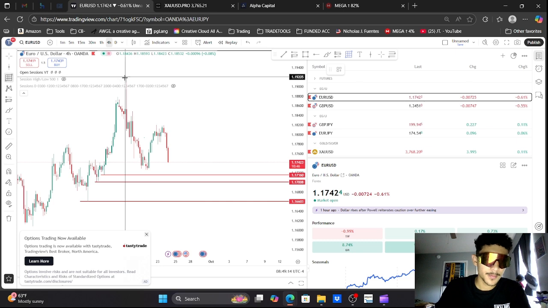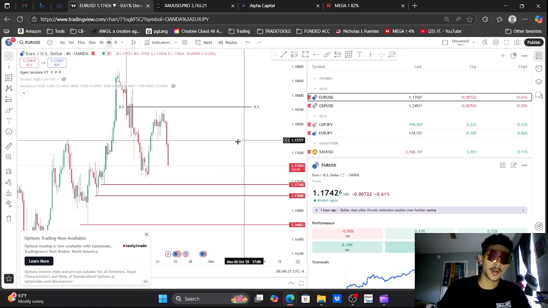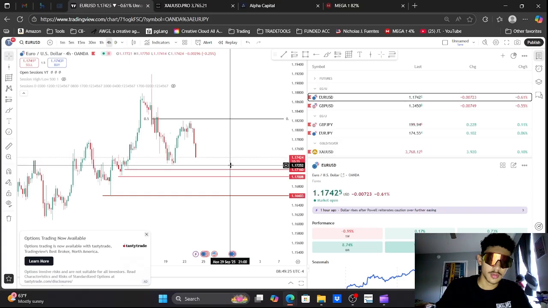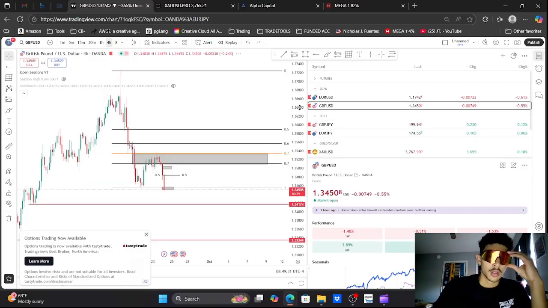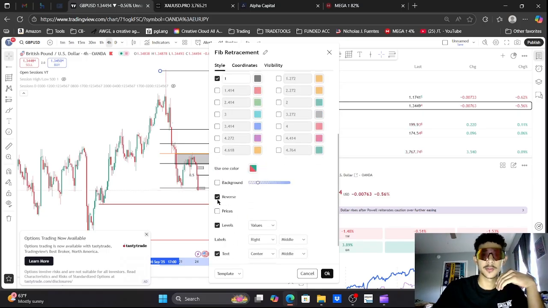So it came up into that equilibrium area. I gotta reverse all these.